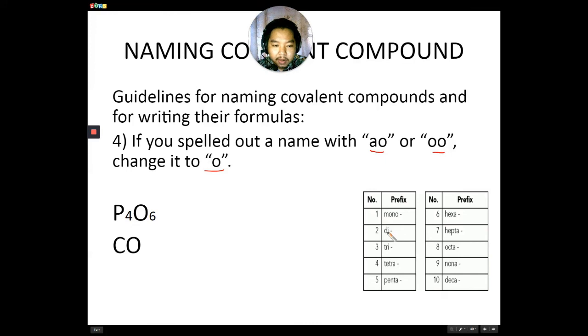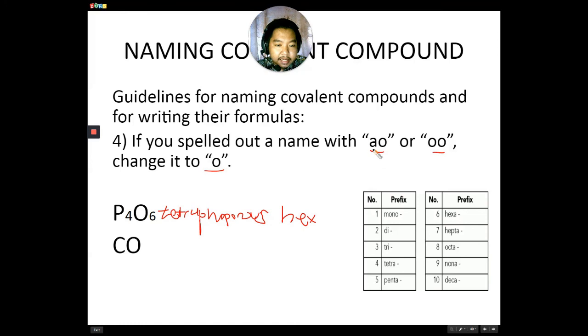P4O6. So, 4, we have tetra. Our P is phosphorus. So, tetraphosphorus, and then we have 6, again, hexaoxide.